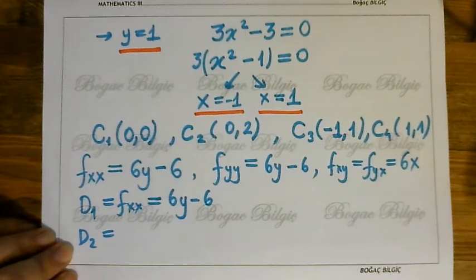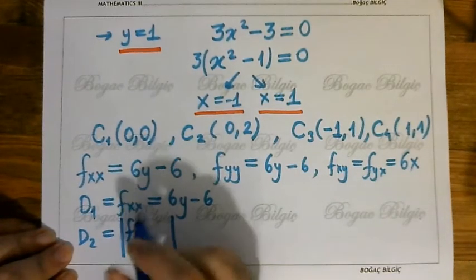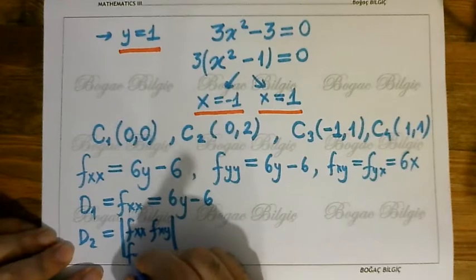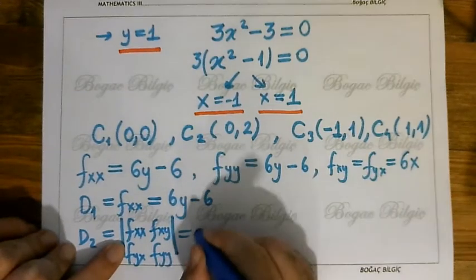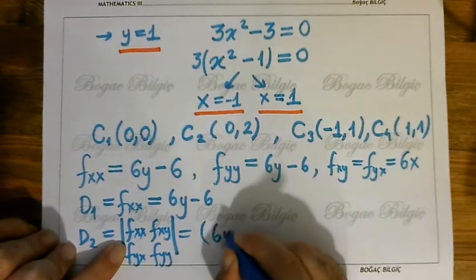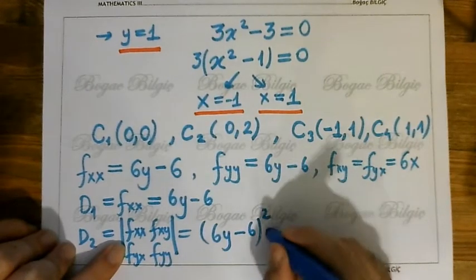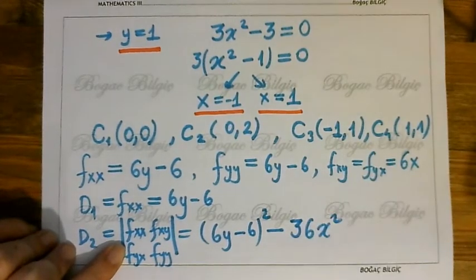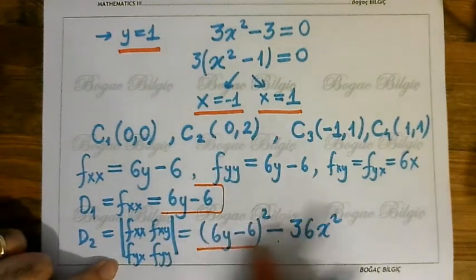We calculate easily this determinant: fxx, fxy, fyx, fyy. So fxx times fyy minus fxy squared: (6y minus 6) squared minus 36x squared. D1 and D2.